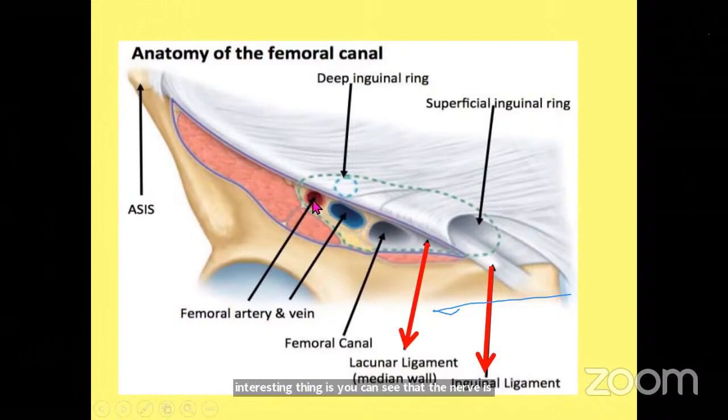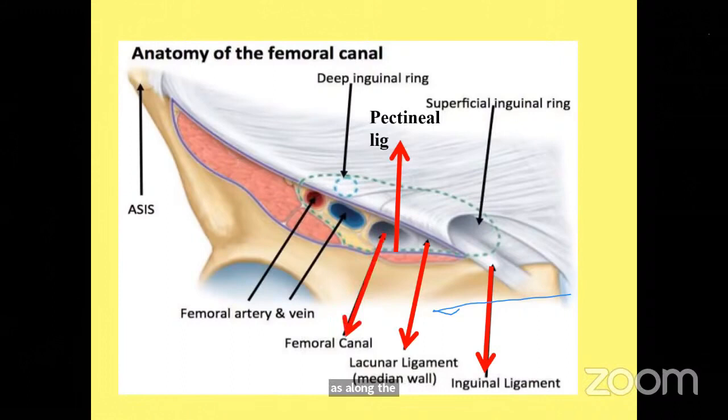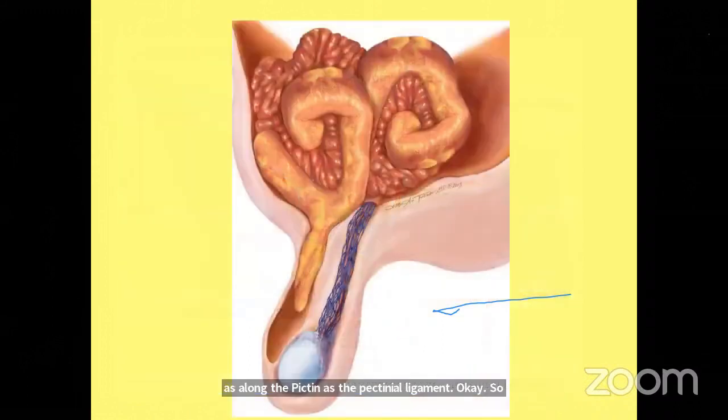In the lateral most you have the artery, then the vein, and the medial most is called the femoral canal. One of the boundaries of the femoral canal is the lacunar ligament, the medial most triangular portion. You can see the extension of the lacunar ligament along the pecten as the pectineal ligament. These are some of the favorite pointers in most exams.